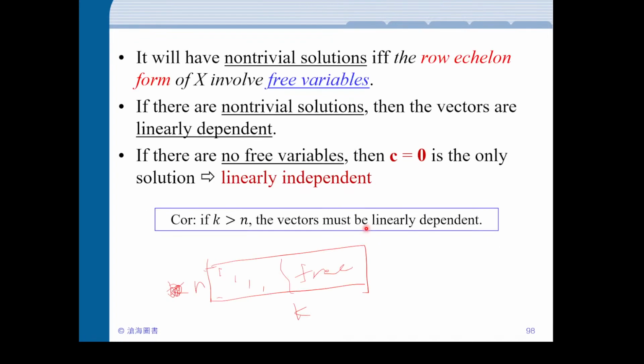So this is kind of a corollary, or extension, of theorem 3.1.1. This is how you find whether some vectors are linearly dependent when the number of vectors is not the same as the dimension of your Rn.